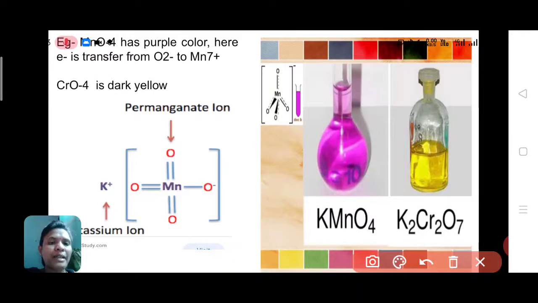So color of transition elements, a property of d block elements, is over here, and in the next lecture we will see about the tendency to form complexes and some magnetic properties of d block elements. Magnetic properties of d block elements are very important but easy to understand. So in the next lecture we will see the magnetic properties and tendency to form complexes, and in the next videos we will revise this whole chapter.